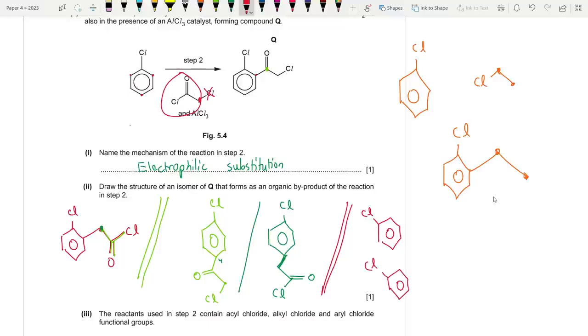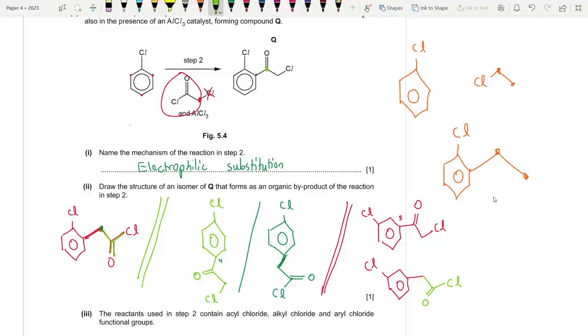Okay, so let's do this. Acylation first. So carbon number 3, Friedel-Crafts acylation, 1 over here and chlorine over here, or Friedel-Crafts alkylation. So how does alkylation go? We draw this first part over here, followed by the other part, the alkyl group over here.